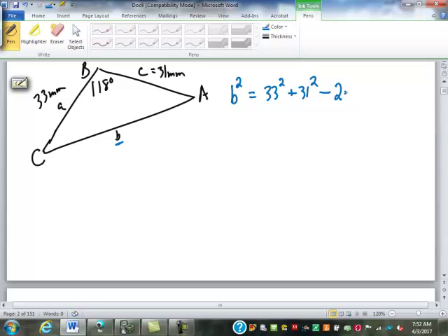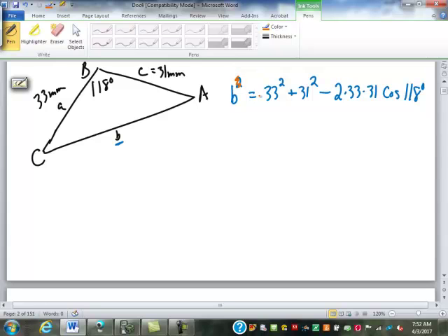Minus 2 times, we put those sides in there again, and the cosine of that angle, 118 degrees. Because the angle is still between the two sides. We don't have a side opposite the angle. So the process is still the same. So it doesn't have to be side C. It can be rearranged. Anytime there's an angle between two given sides.